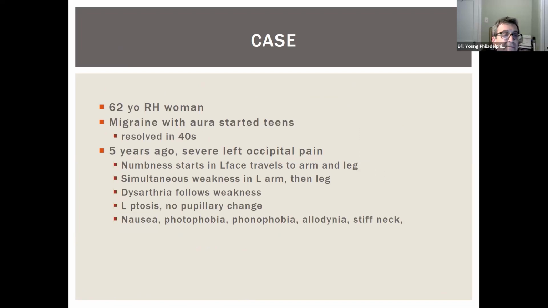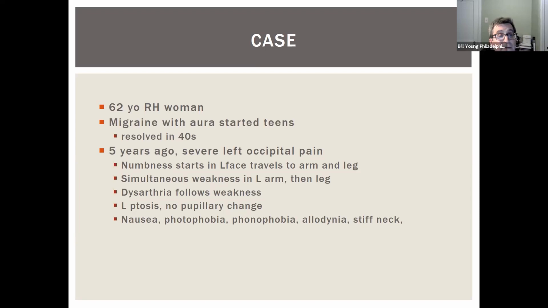So I'm going to talk to you about something else. A patient of mine who was 62 started having migraine with aura in her teens, and it went away in her 40s. And 5 years ago, she developed another kind of headache in the back of the head with nausea and light and sound sensitivity.